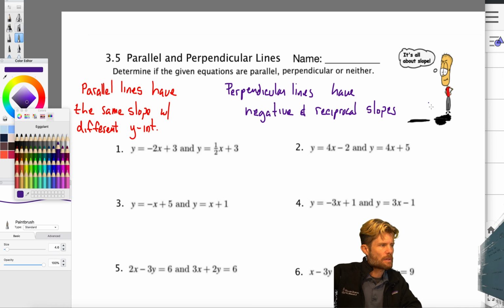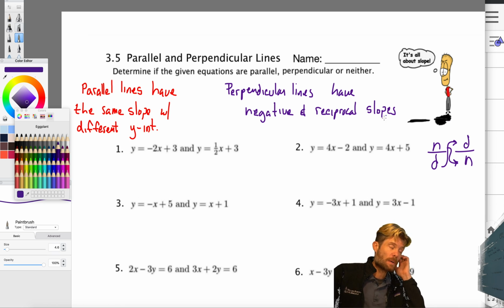So what is reciprocal? We have a numerator and a denominator, and if we take the reciprocal, we are just writing the numerator in the denominator space and the denominator in the numerator space. That's a reciprocal. So it's got to be both negative and reciprocal.